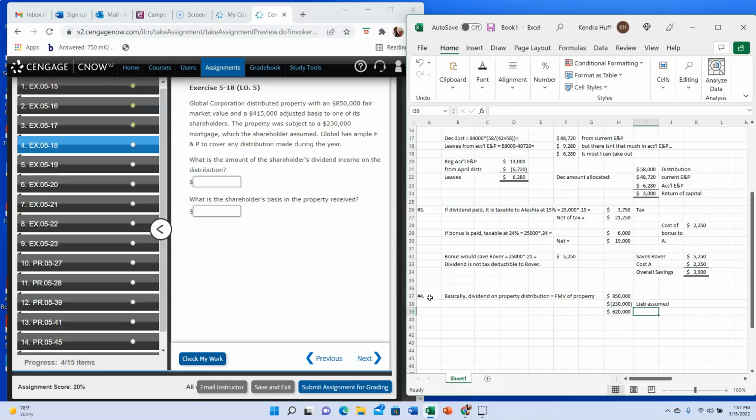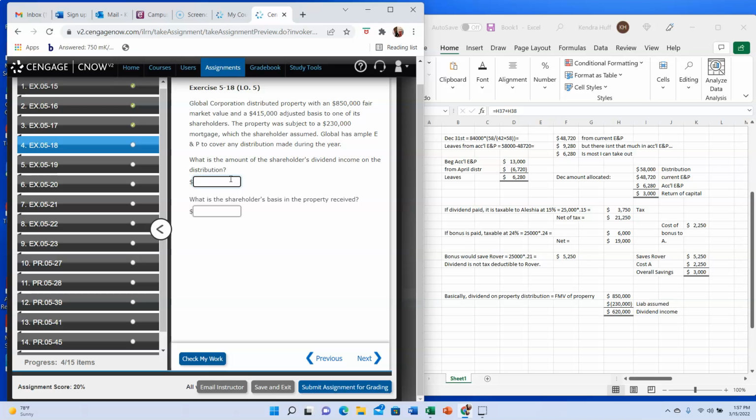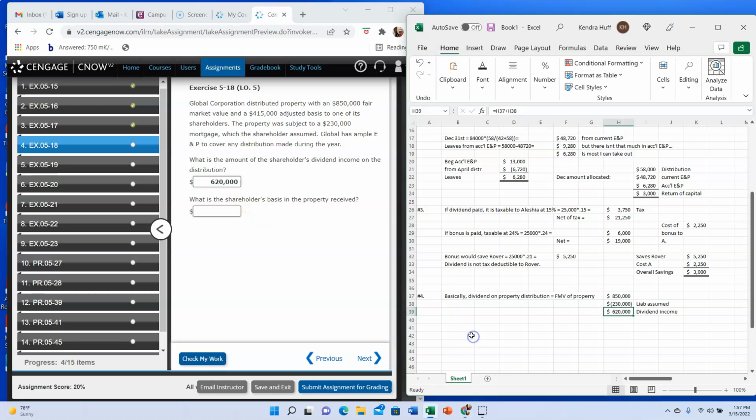So that is the dividend. Shareholder's basis in the property received is the fair market value on date of transfer. So $850,000.